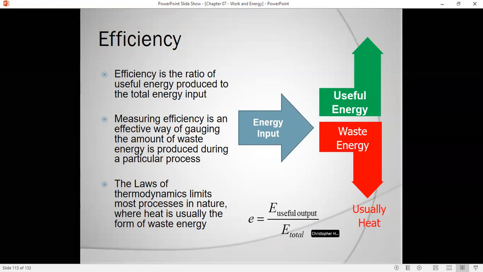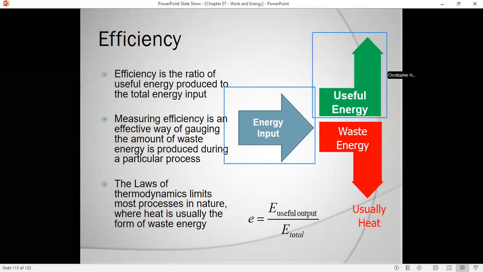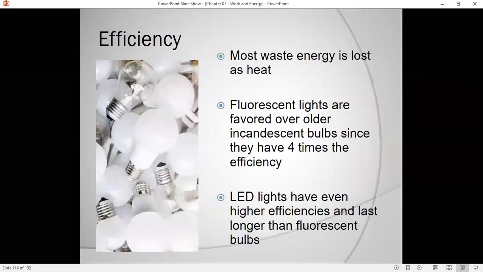So if we look at this little flow diagram right here, we see for the amount of energy that we put in any system, only a fraction of that will be useful and some of it will be waste. Usually it's lost as heat. Okay, so we're talking about the efficiency of an energy system or a power system. We're looking at the ratio of how much useful we get out compared to how much we put in.